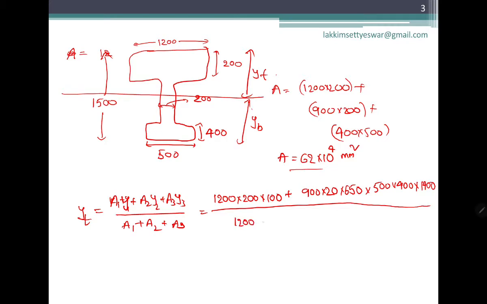Then total area is 62 into 10 power 4. So yt is equal to 646 mm.